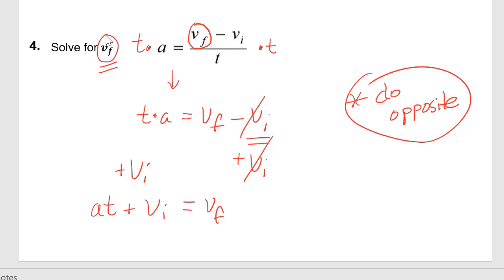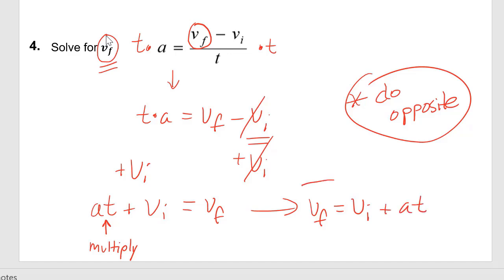So remember also, if there's no symbol in between, the variables touching means multiply. So we can write this the other way. Some people prefer, we usually write it this way, right? Just flip it. So the final velocity would be, and we can change the order here too because we're just adding.